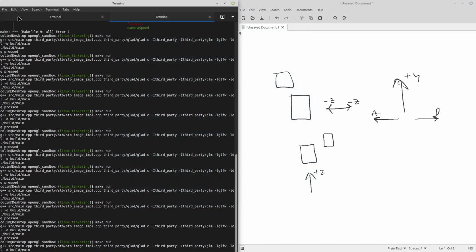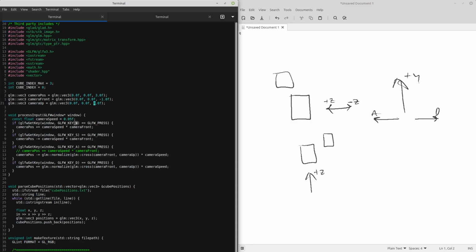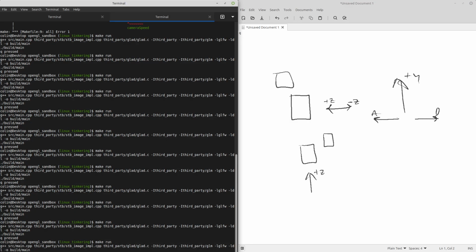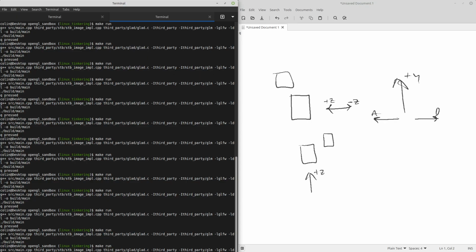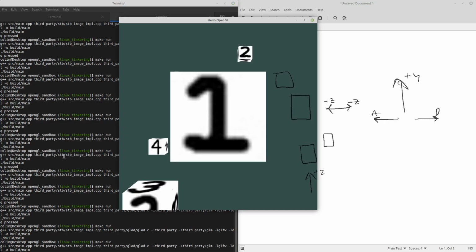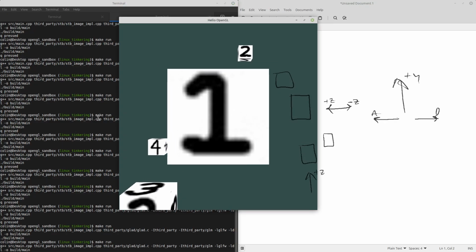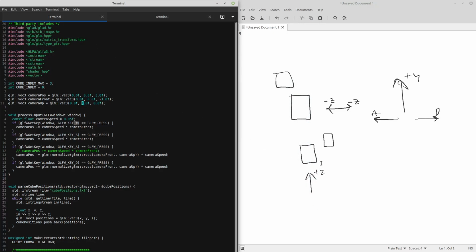Oh, that's a bad example because the Z is wrong right now. Yeah, so W moves us forward and backwards, not up and down. So when Y is up, W moves us forward. That's kind of hard to draw in 2D.